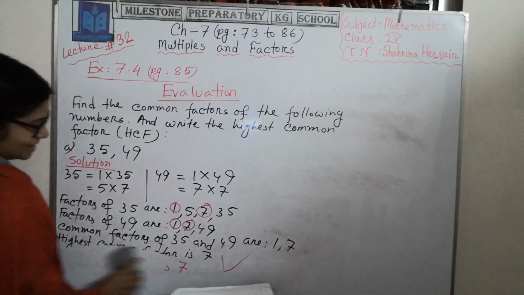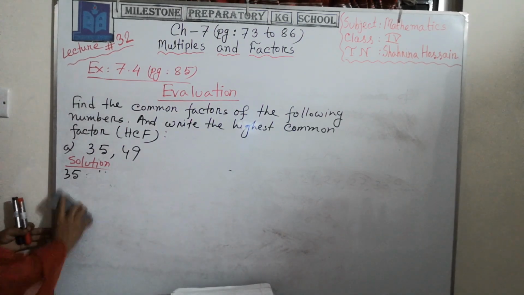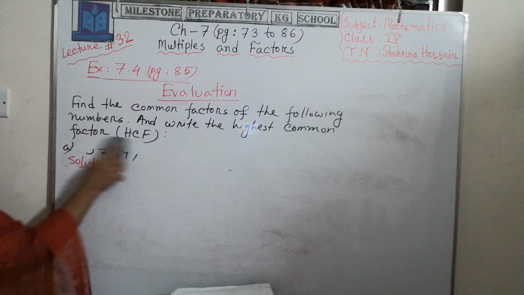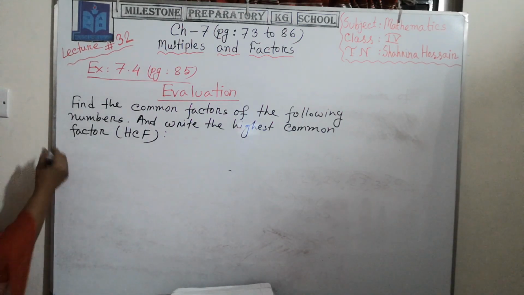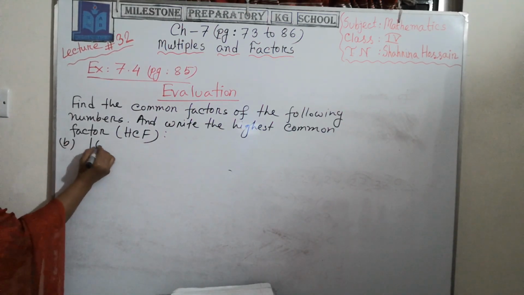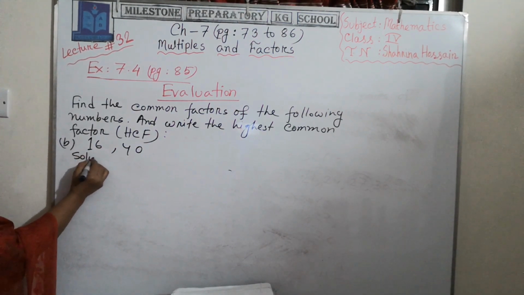I can rub this, right? Okay. Now number B. Number B was 16 and 40. So how can we do this solution?